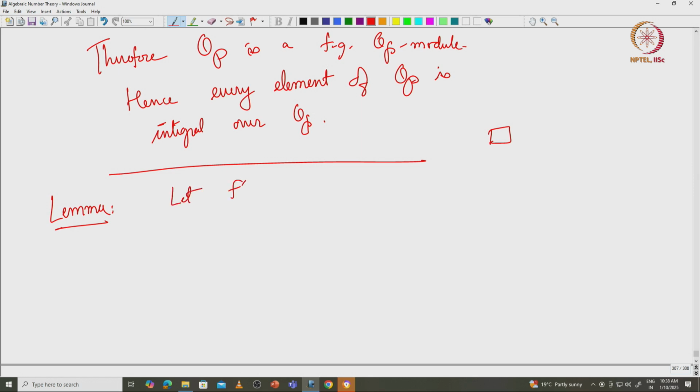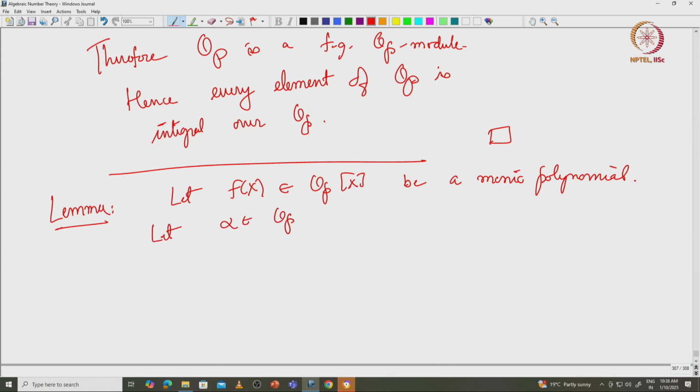Let f of x in O_P of x be a monic polynomial. We did not have this condition before. Let alpha be in O_P such that the valuation of f of alpha is strictly less than the valuation of f prime of alpha squared.